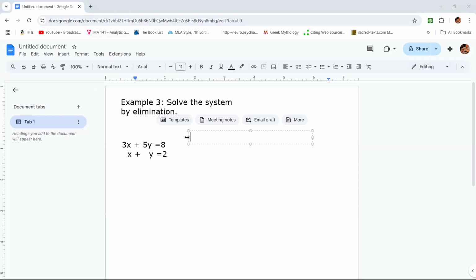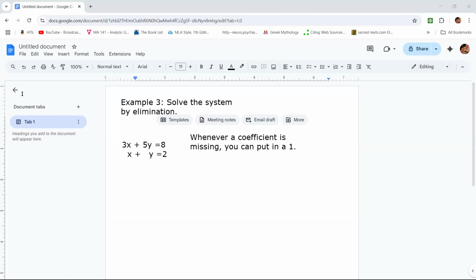Whenever a coefficient is missing, you can put in a 1. We did that before because x is like 1x, and that will help you to line things up.